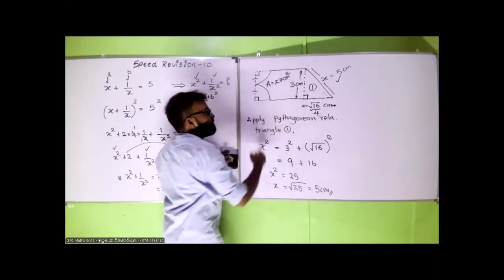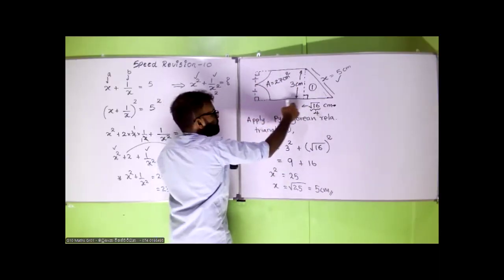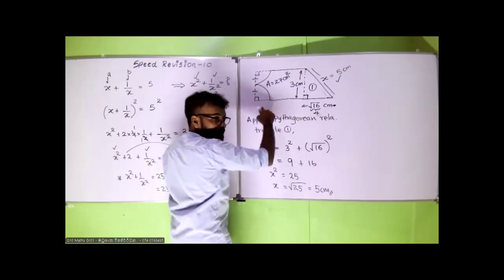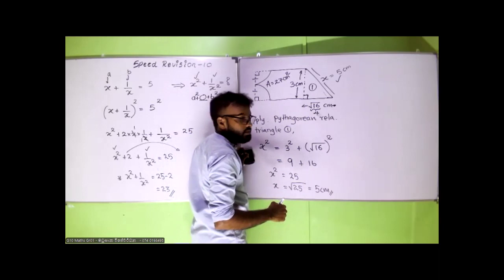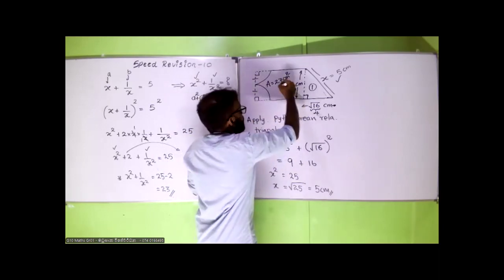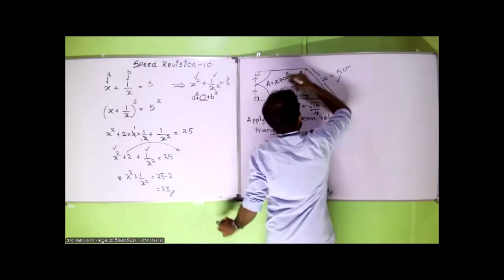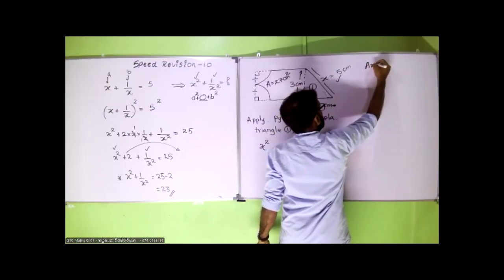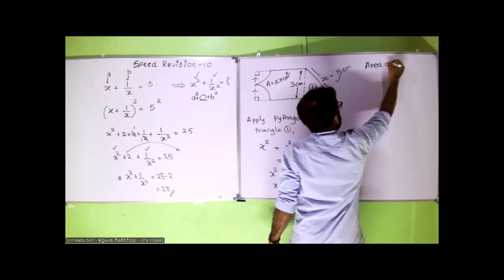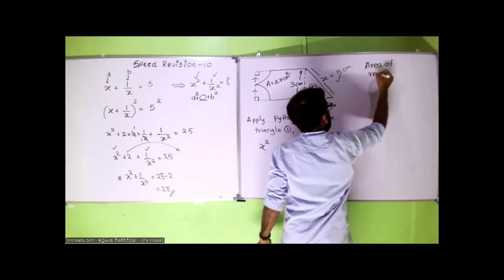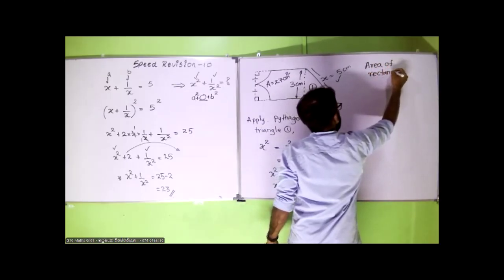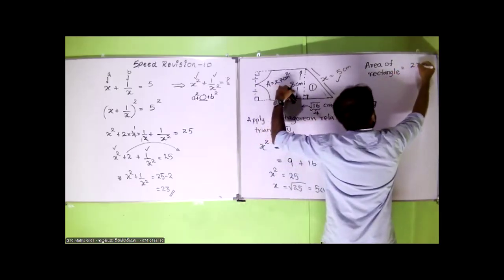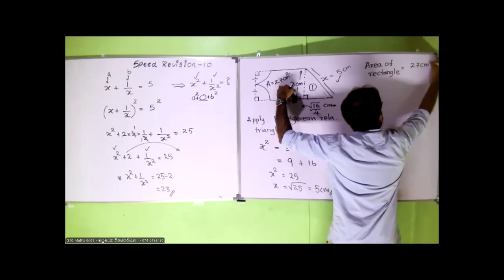You know the breadth. You can find the length. This. So if you use this, the area of the rectangle is equal to 27 square centimeters.